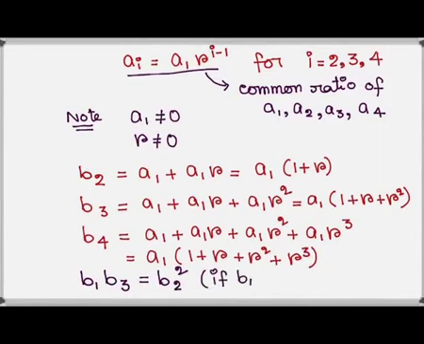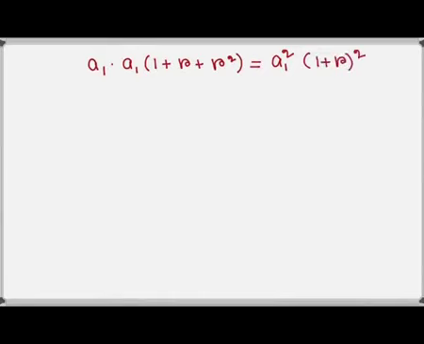If B1, B2, B3 are in a geometric progression, so we shall have A1 into A1 into 1 plus R plus R square is equal to A1 square into 1 plus R whole square.